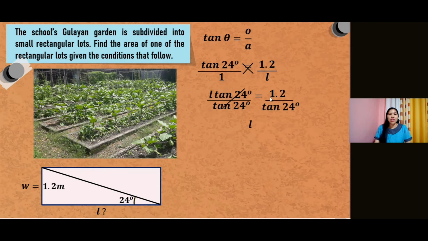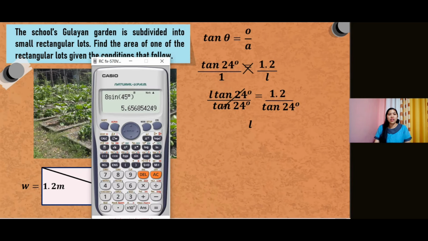And this time, we are going to input this in our calculator. Let me show once again my calculator. We need to refresh first. So you have 1.2 over tangent, 24, degrees, then you close, and click equal.